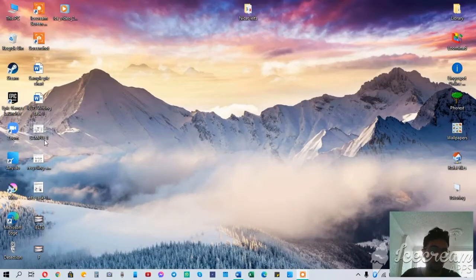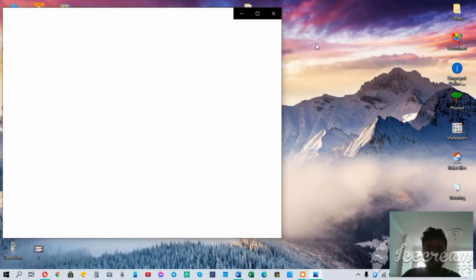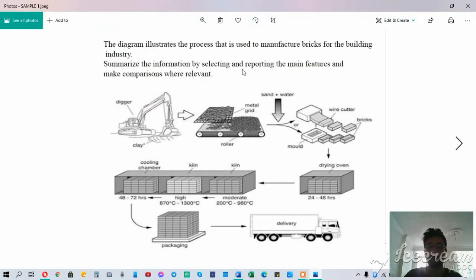Except this, I downloaded different types of samples of what our diagrams actually are. The process diagram shows a process where multiple objects are depicted in the pictures, so you can see them and understand what is actually going on in the picture.